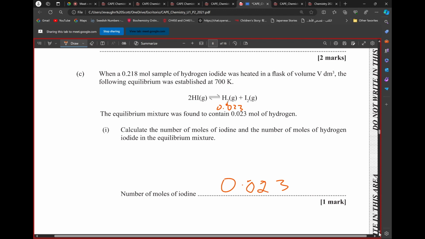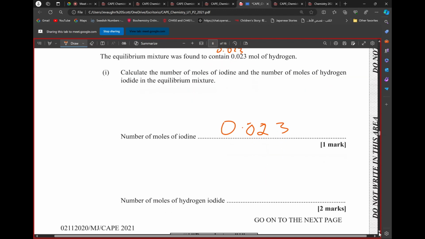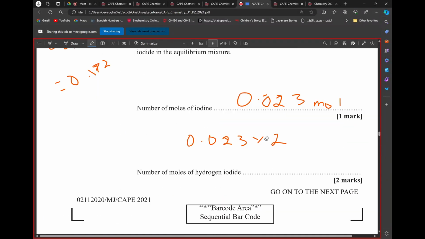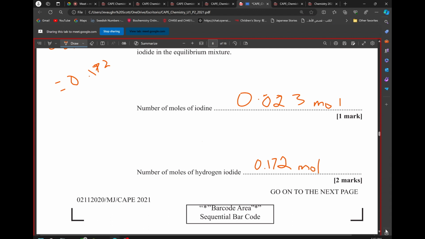All right. Moving on. What would be the number of moles of hydrogen iodide now? Because probably within this question, what we're asked to do is to use an ice table to find the answer. Right? Because that is the thing that we explore in Unit 1, to get Unit 1 students to learn how to use an ice table. So I believe that that would be the more suitable answer for this question. All right. And if we do that here now, let me just check to see if this is the right answer. 0.172, and then we're going to add now.